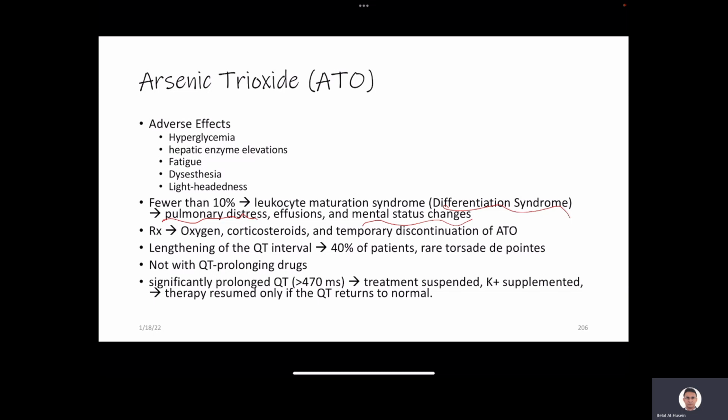Treatment is symptomatic: you could give corticosteroids, oxygen therapy, or temporary discontinuation of arsenic trioxide. Another adverse effect is prolongation of QT interval, or torsade.